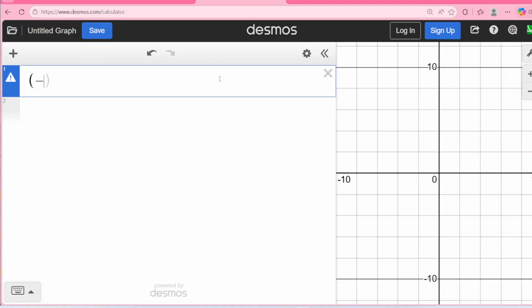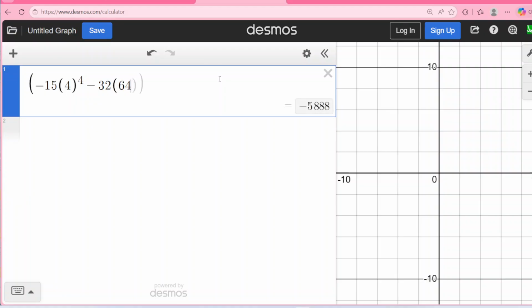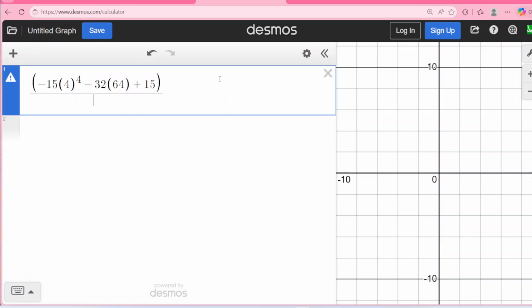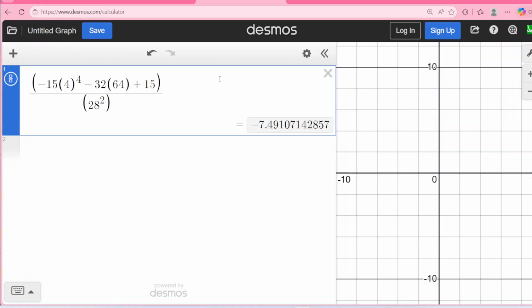Up top we have negative 15 times 4 to the fourth power, then minus 32 times x cubed. 4 cubed is 64, so let's put 64 there, and then plus 15. All that in the numerator divided by the quantity 5 times 4 plus 8, so 28, squared. So that's the slope, that's y prime at 4. And then this gets multiplied by dx, which is 0.3.